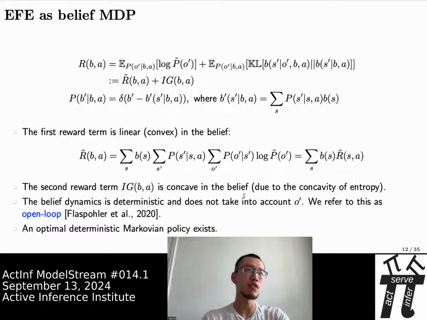This is sometimes called open loop belief updating in the literature, analogous to open loop control, so that you would update your belief without taking into account the next observation, but only during planning, not during execution, which we'll come back to later. But the belief MDP view of EFE tells us that there exists an optimal deterministic Markovian policy simply due to the characterization as an MDP.